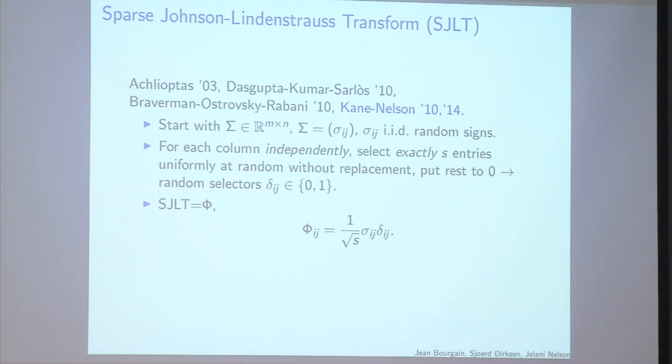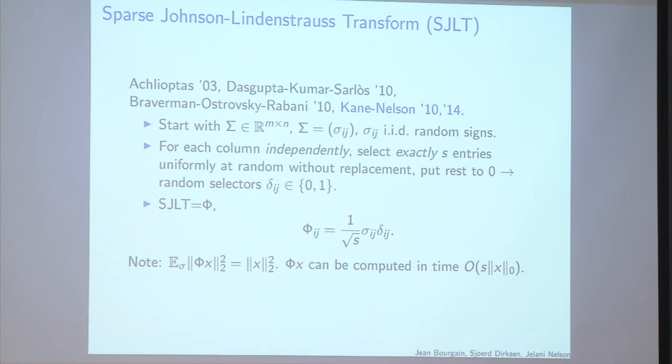Then you get a sparse Johnson-Lindenstrauss transform by rescaling it by this sparsity factor S. First remark is that this is again an isometry in expectation. And because I have S non-zeros per column, I can compute this in time S times the sparsity of the vector that I'm embedding, so this is the zero norm here.